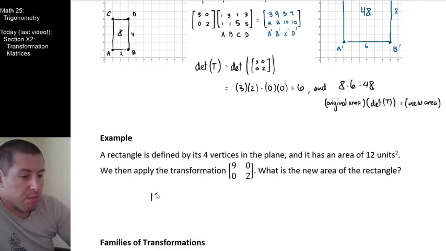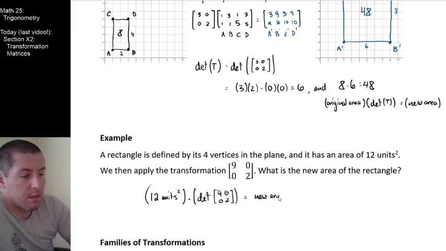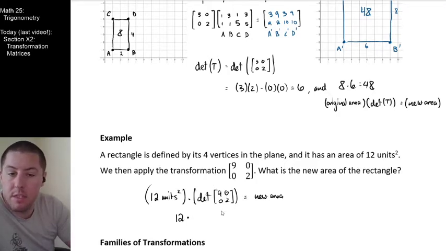It seems like this should be 12 units squared times the determinant of 9, 0, 0, 2 should be equal to our new area. So this is going to give me 12 times, and notice our determinant here is the downs minus the ups, so that's going to be 18 minus 0, which is 18.